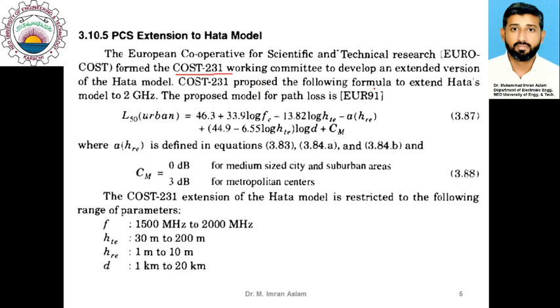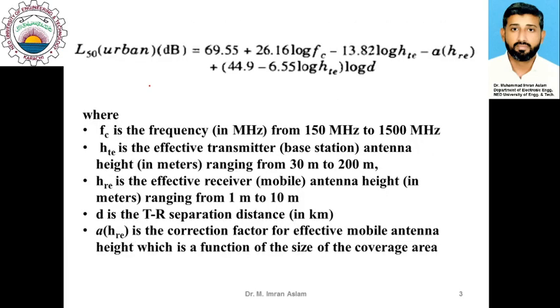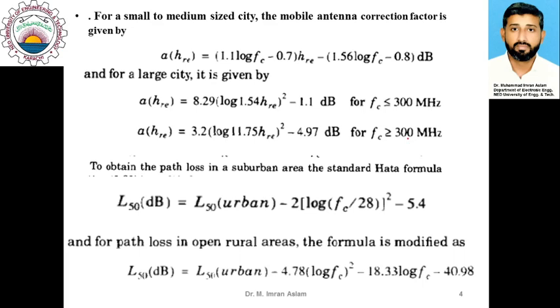The COST 231 model is actually for an urban environment, which extends the Hata model up to 2 gigahertz. So this revised formula, which was proposed by COST 231, is based on the Hata model, but it is applicable to higher frequencies, because the previous formula that I showed was applicable to 1500 megahertz only.